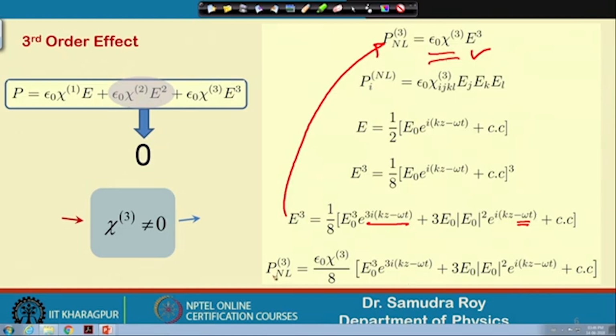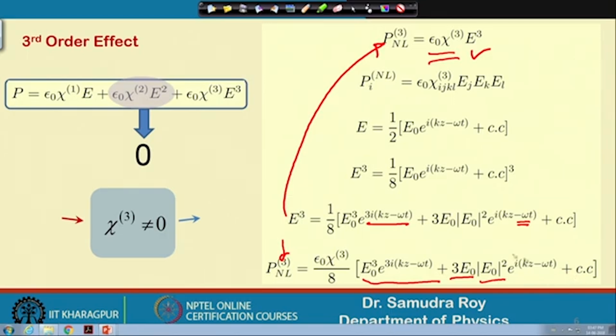So, my P nonlinear 3, where 3 means the third order effect and only the chi 3 term is involved, is epsilon 0 chi 3 divided by 8 multiplied by E 0 cube e to the power of 3i(kz minus omega t), plus 3 E 0 mod E 0 square e to the power i(kz minus omega t), plus complex conjugate.